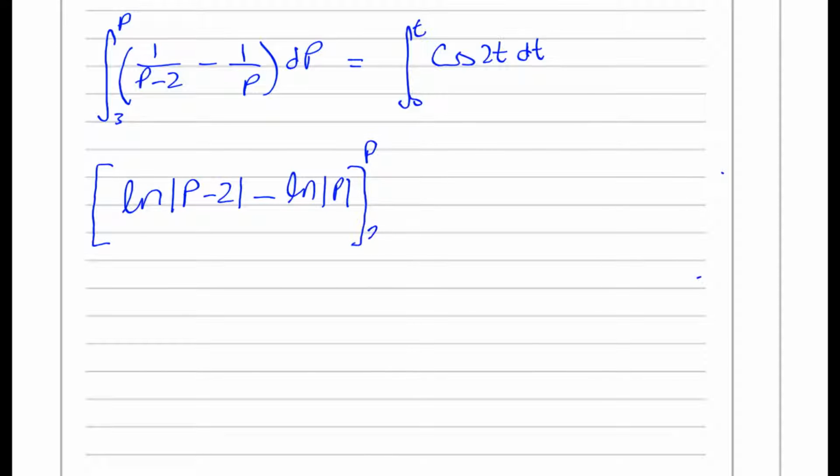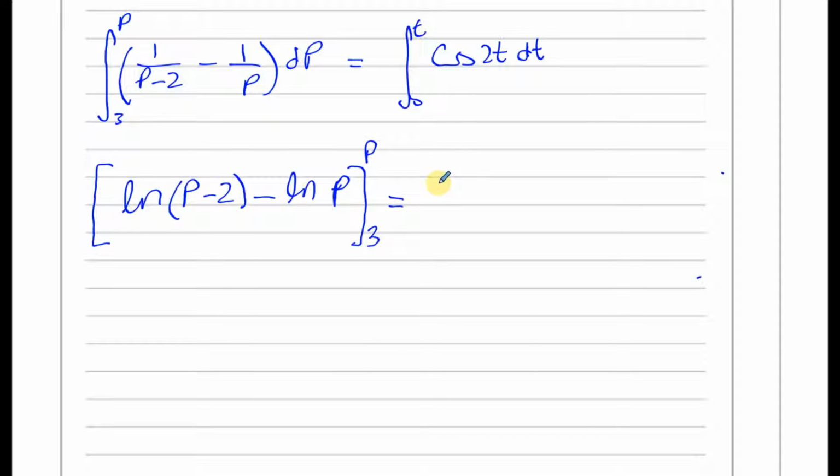But as p is a population of an animal, it can't become negative. We only put the modulus sign in case the value is negative, because you can't have the ln of a negative value. As we know for sure it can't ever be negative, we don't need the modulus sign. So on this side I can just write a regular bracket, and here I can just put ln p. No need for the modulus sign.